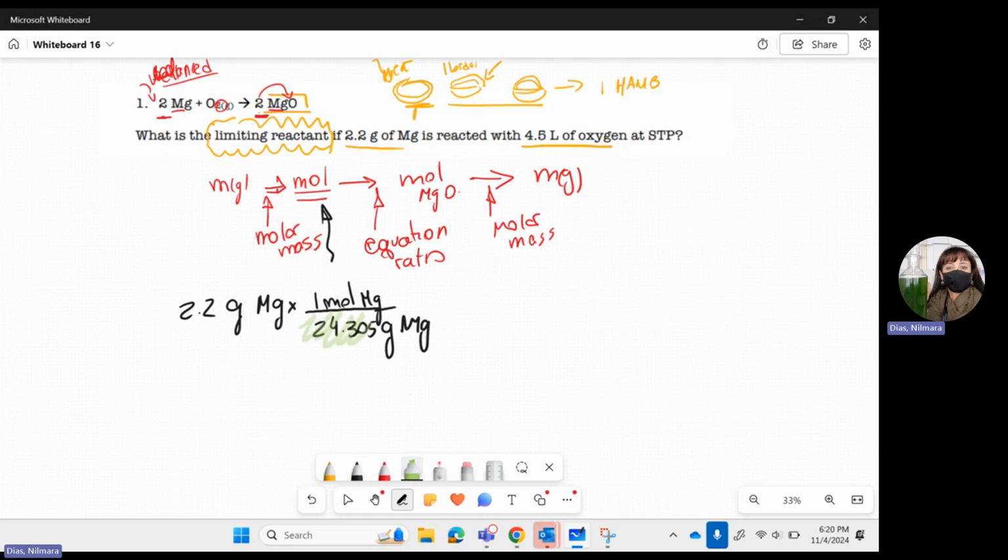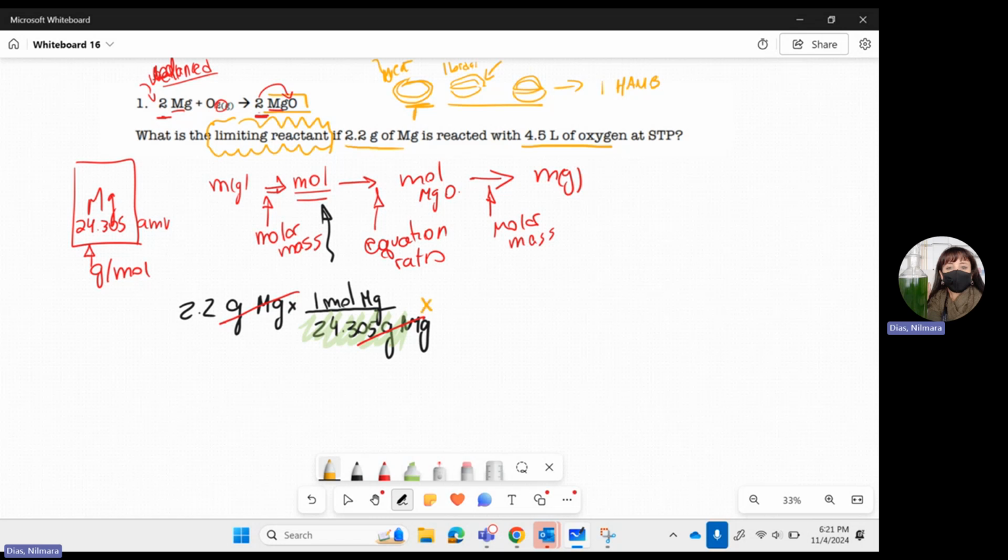This value comes from the periodic table. That is the atomic mass you're going to find there. You're going to see magnesium, and you're going to see the number over here, 24.35. That is the atomic mass unit, and that is the molar mass, in grams per mole. Why am I putting grams over here? Because we're going to cancel this out.